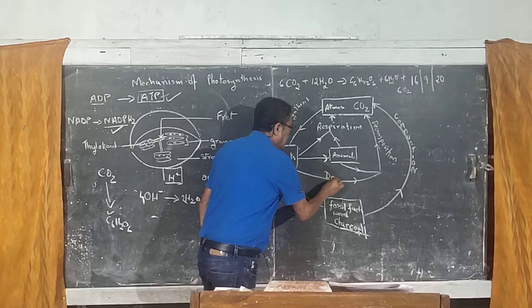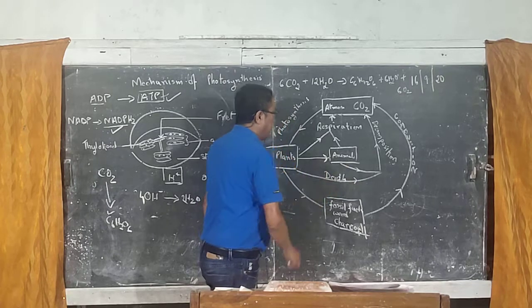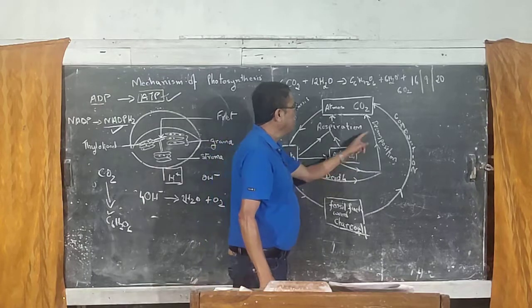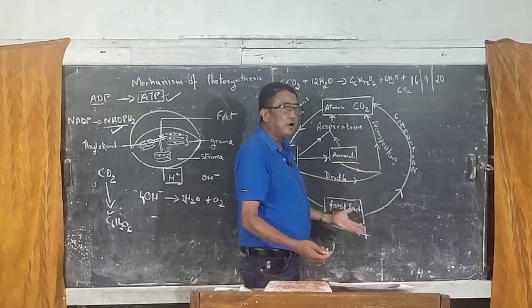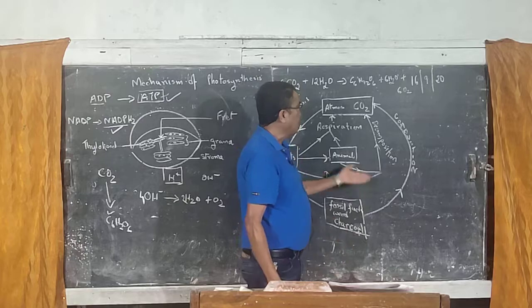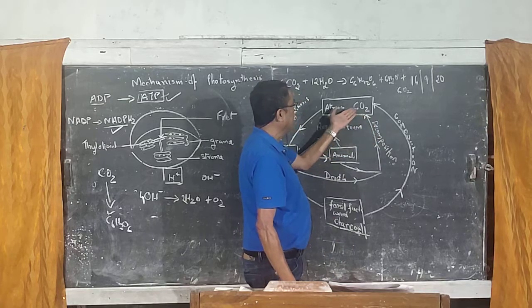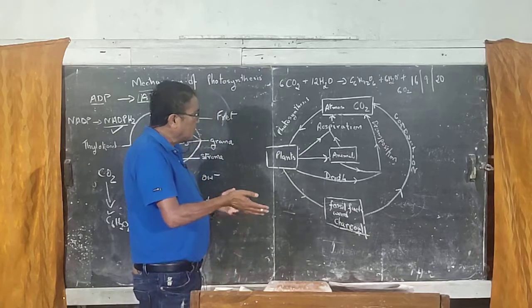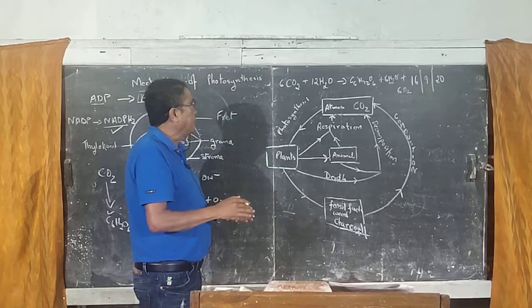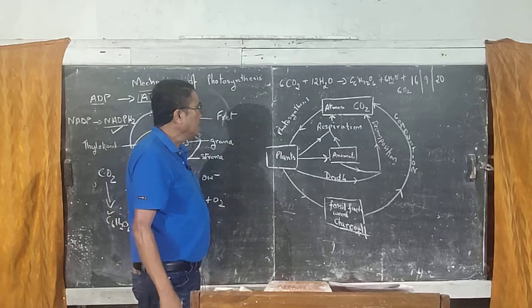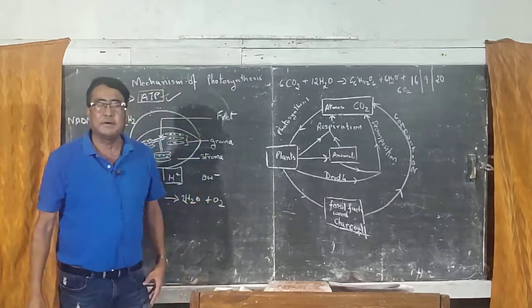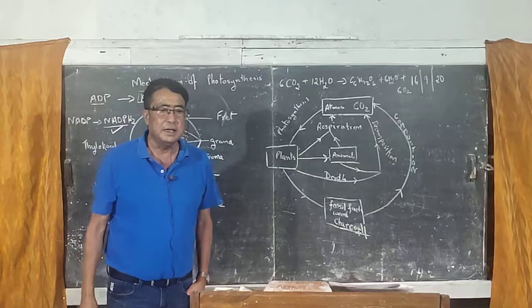After the death of plants and animals, the body is decomposed, and when decomposition takes place, carbon dioxide is again returned back to the atmosphere. This cycle continues, therefore it is called the carbon cycle. So now we have come to the end of the chapter.